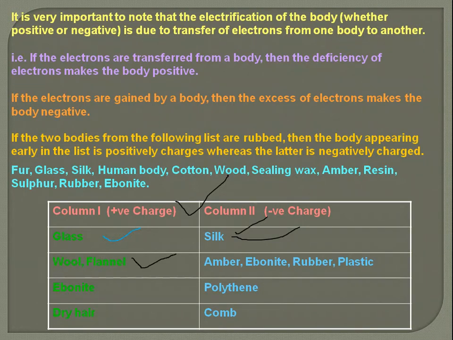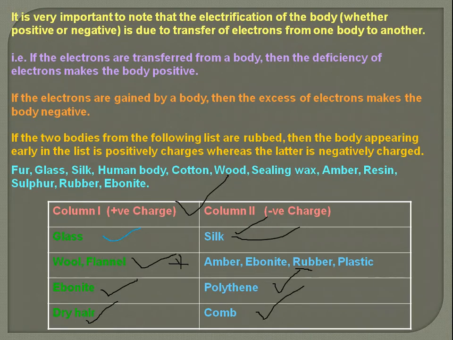Wool or flannel, when rubbed against amber, ebonite, rubber, plastic, then the wool will become positively charged and these materials will become negatively charged. Same thing happens with ebonite and polythene, and dry hair with a comb.